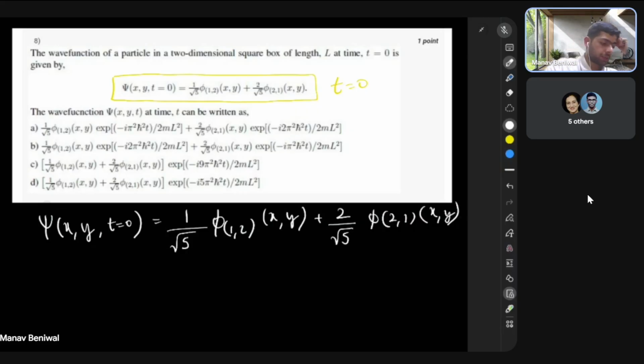So what does this mean? If you see our total wave function, it is written in terms of two other wave functions. So this is our total wave function psi. Basically it is written as c1 times phi 1 plus c2 times phi 2, and this is called superposition.